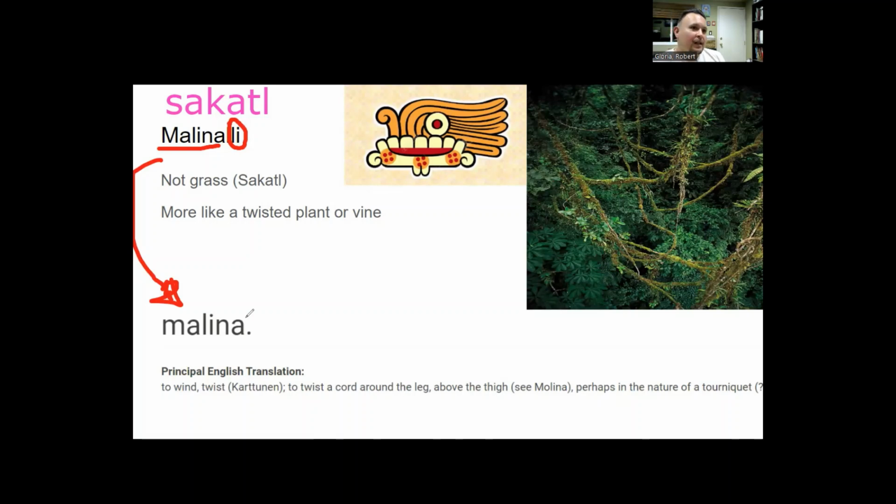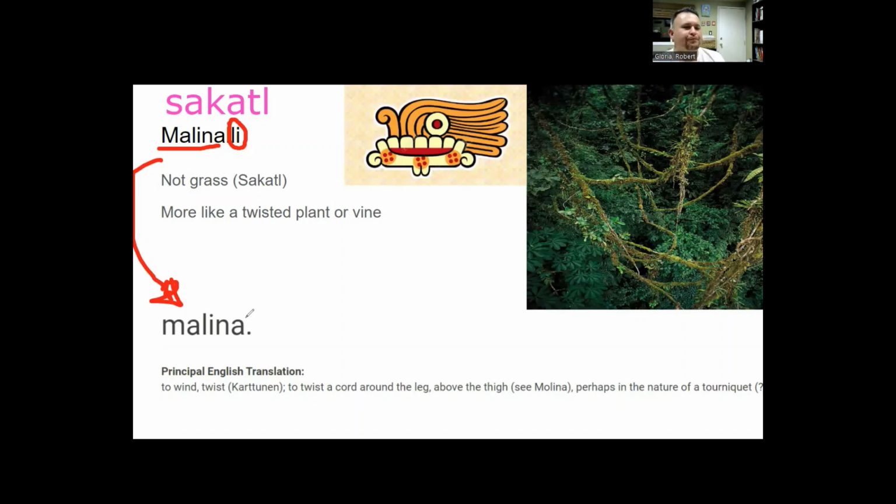Now, I looked in all of the sources. I have all of the codices, like the Florentine Codex, on my computer. They're all searchable, so I can plug in a word and find all the instances of that word. Well, it turns out that malinali is a very uncommon word. They didn't really write about it too much in the 1500s.